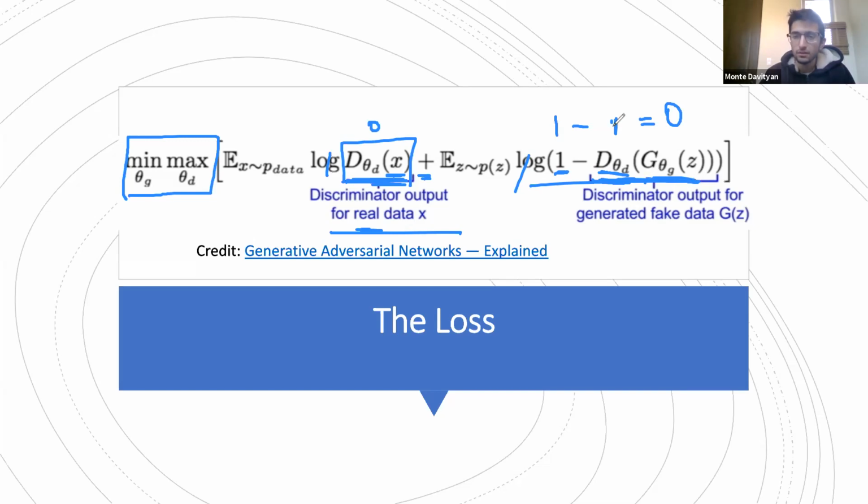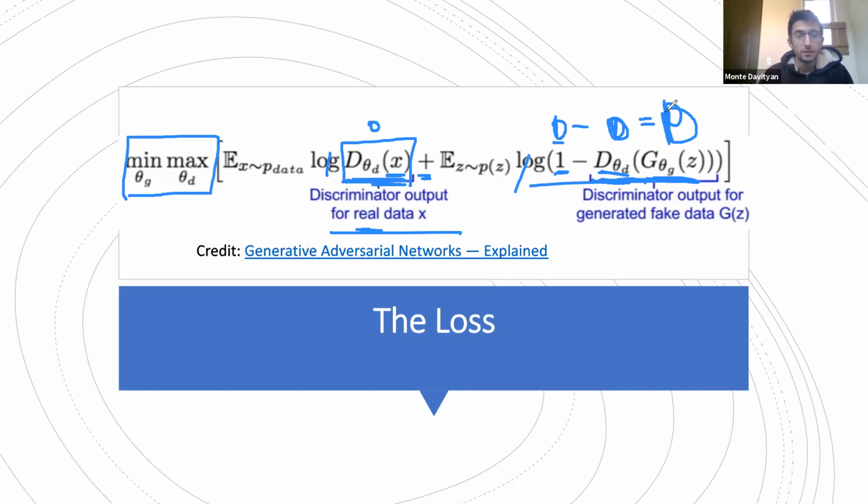So if it predicts a real image as being 0, we get a loss of 1. Because this is not a real image, but it's predicting it to be a real image, we get a higher loss, a loss of 1. Whereas if it predicts it as a 0, then we get a loss of 0, which is a lower loss, which is what it's trying to do.